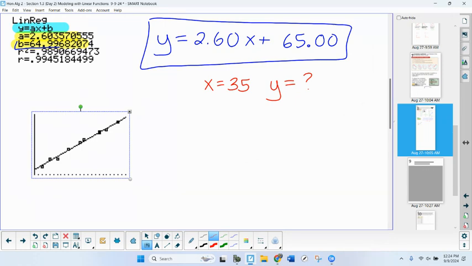Now graph. Oh, you pressed enter last time. Go back to Zoom 9. You have it on a standard way. How about this? Oh, you turned your plot off. So leave that on. Now go back to Zoom 9.